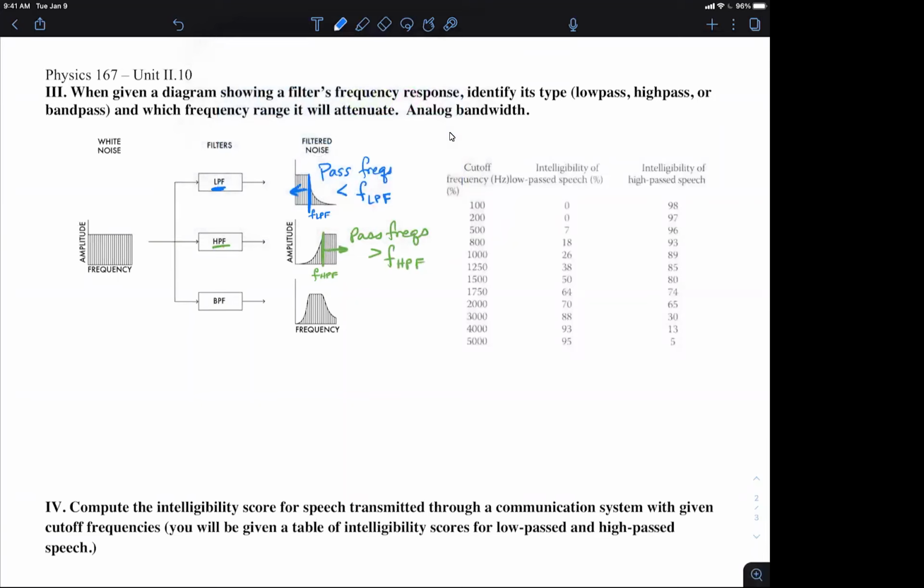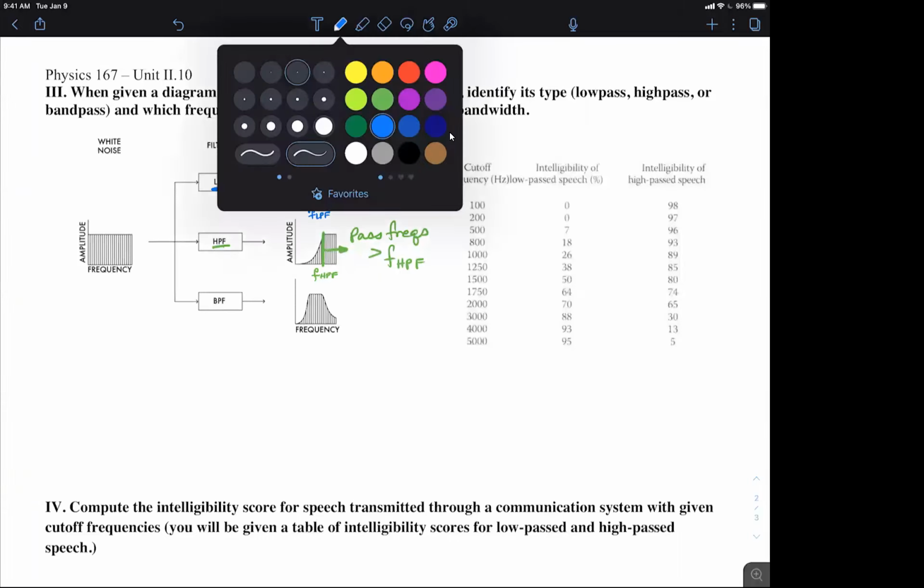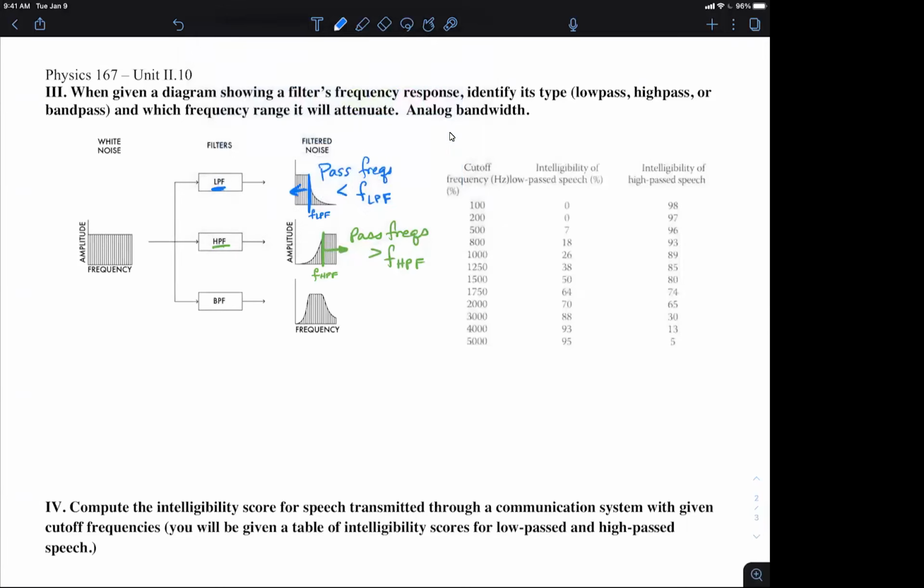Okay. Now, when those are combined, done sequentially, essentially, then you get what would be called a band pass filter. And in that case, the low pass filter passes everything below a certain frequency, and the high pass filter passes all of those frequencies that are above a certain frequency.